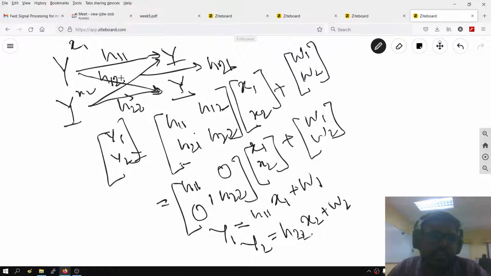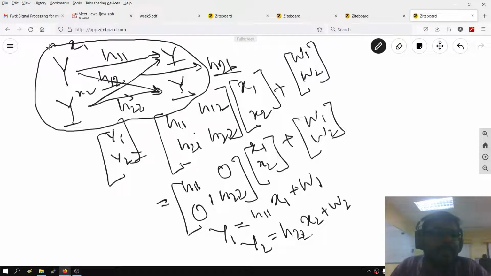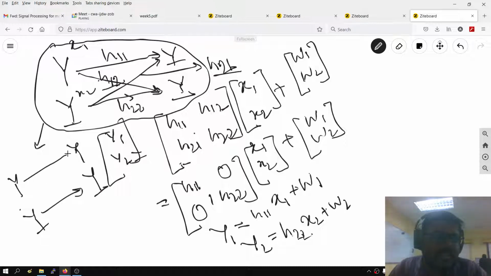So see, these cross terms h12 and h21 vanish, meaning these two paths vanish. That is the advantage. But if you design a precoder, the system becomes as if you are viewing it this way. This is not actually happening, but you are viewing it with the help of signal processing. There is only one path and only one path, no cross term here. So that is the advantage of using the precoder based design.